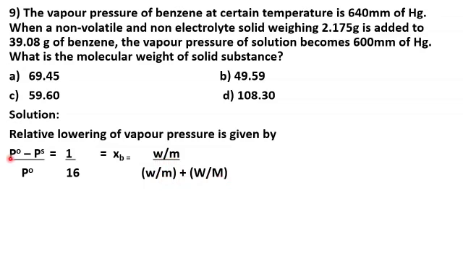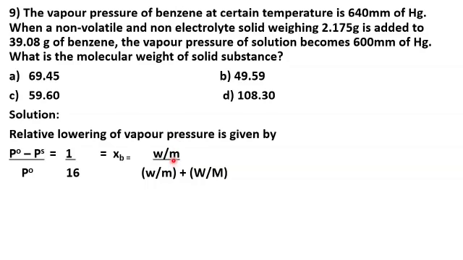Here P0 is the vapor pressure of pure solvent, that is benzene, and Ps is the vapor pressure of the solution, which was formed after mixing 2.175 gram of solute with 39.08 gram of benzene. Xb represents the mole fraction of benzene, and small w represents the mass of the non-electrolyte solute, that is 2.175 gram.